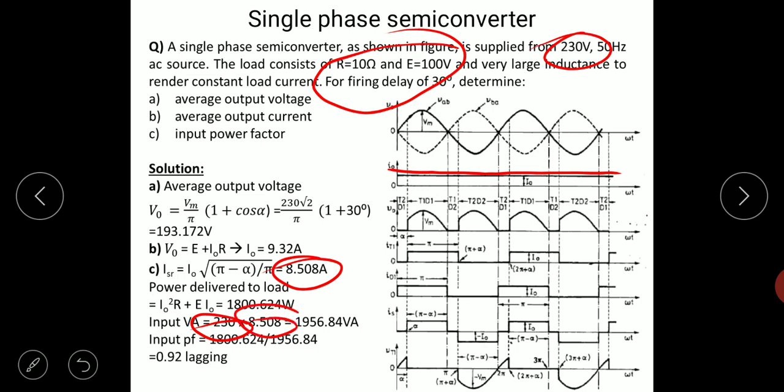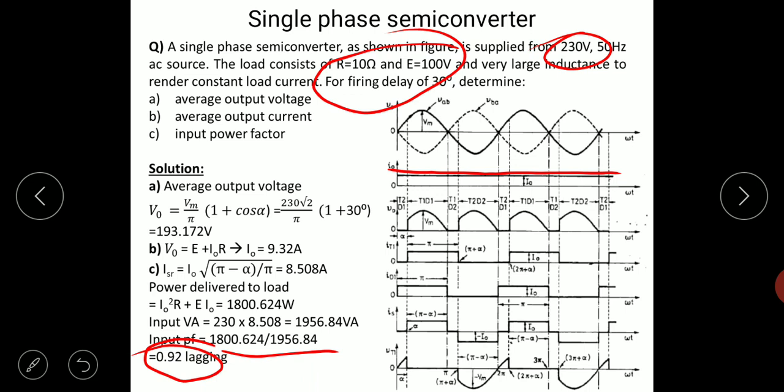If you multiply both, we will get the input volt ampere. So if we divide the output power delivered by the input volt ampere, we will get the power factor, called the input power factor, which is lagging in this case because of the inductance in our load circuit.